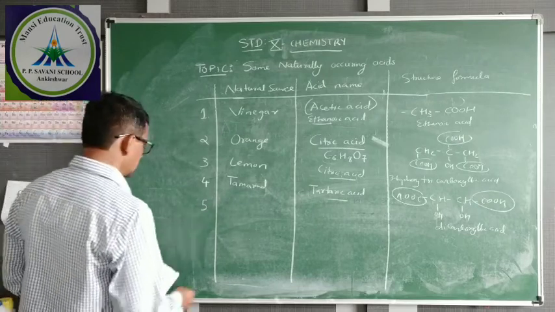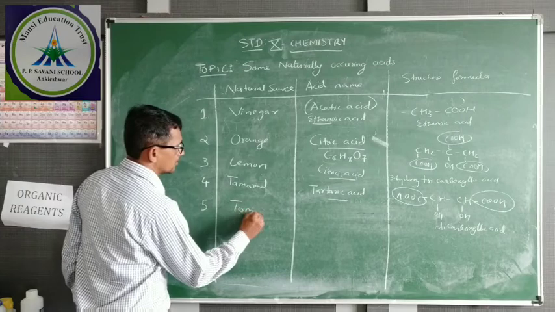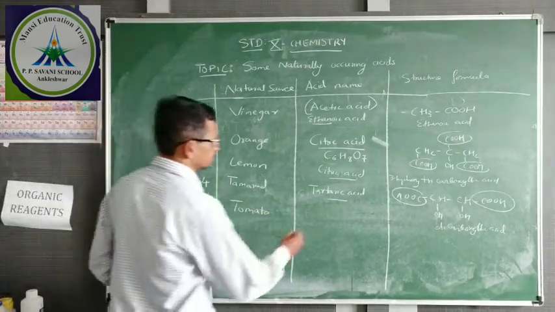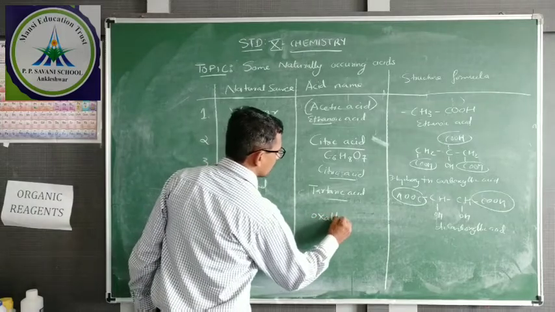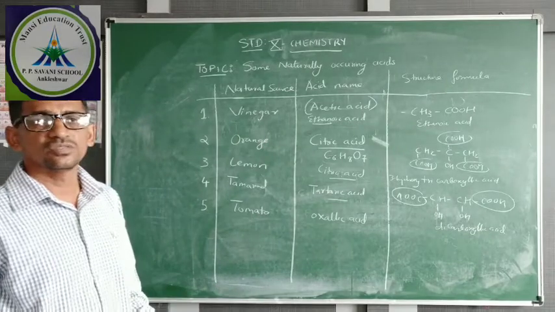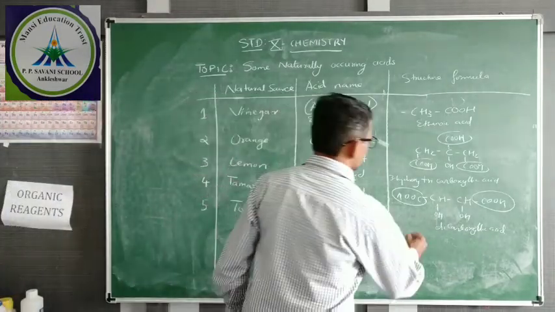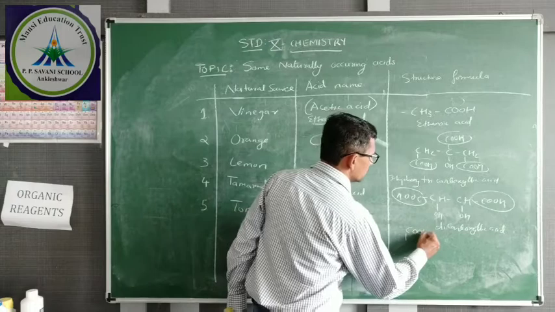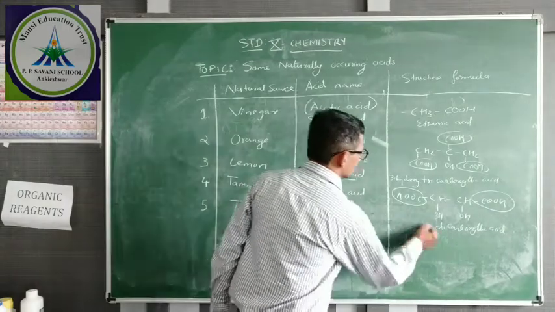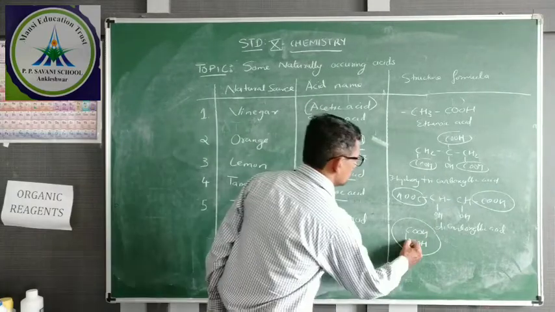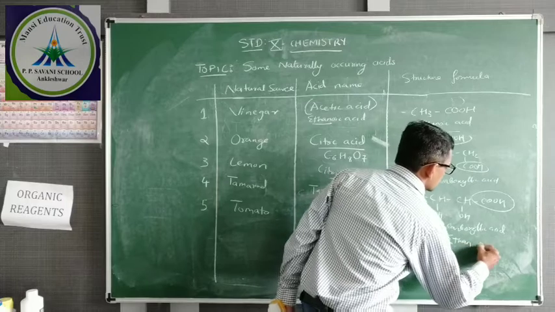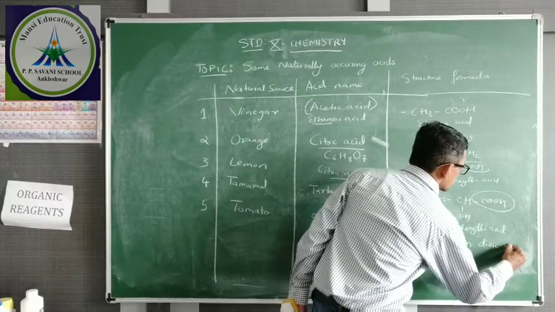That is tomato. In tomato, oxalic acid is there. Oxalic acid is also a dicarboxylic acid. COOH group on the second carbon, COOH. Okay? So you can see COOH, so it is ethane dioic acid.